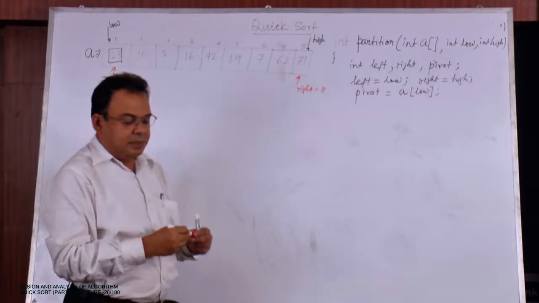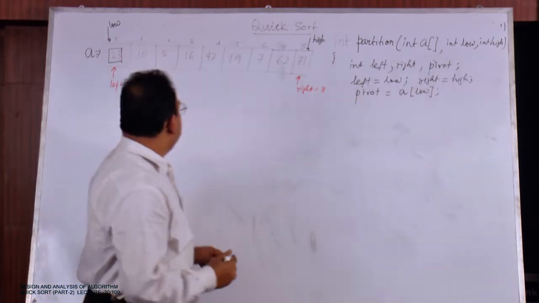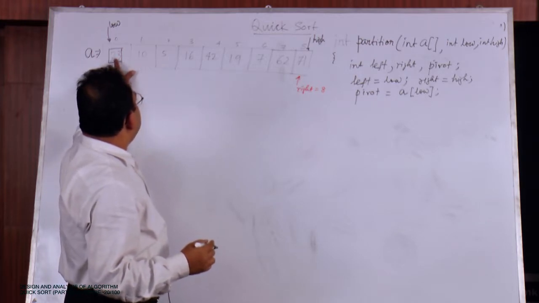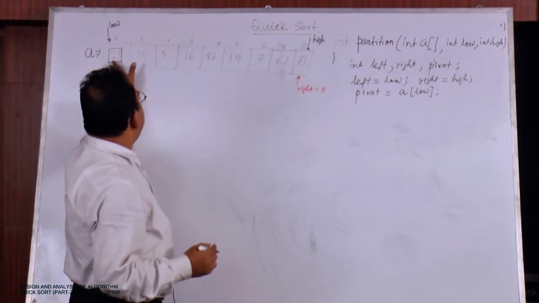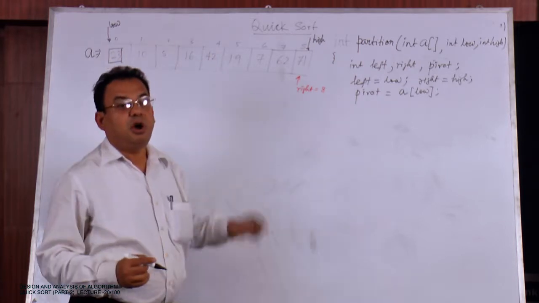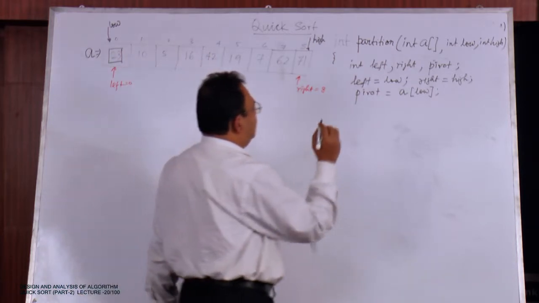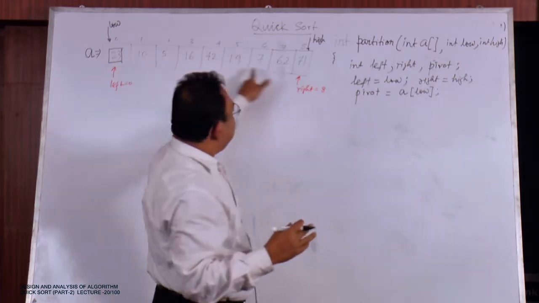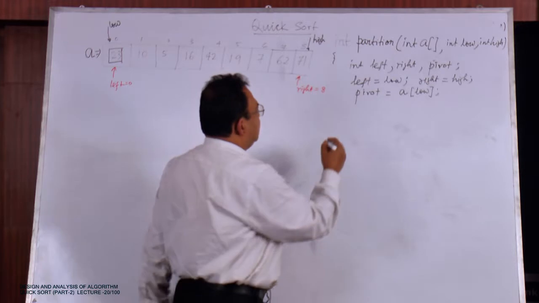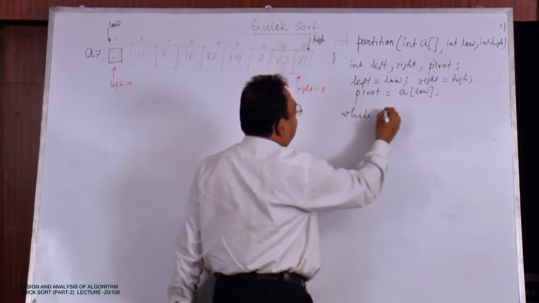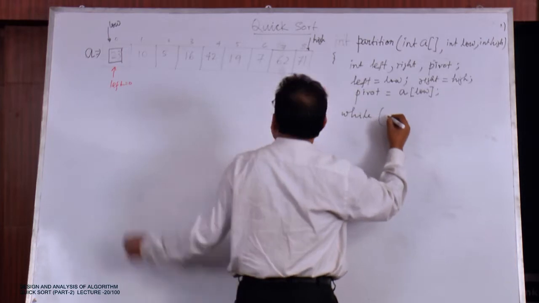Now, how will we examine? Our task is to ensure that all elements less than 23 will appear to the left of 23, so that 23 will go to the correct position. That is our objective. For this purpose we have to ensure that every element has been examined, so we are setting a while loop.